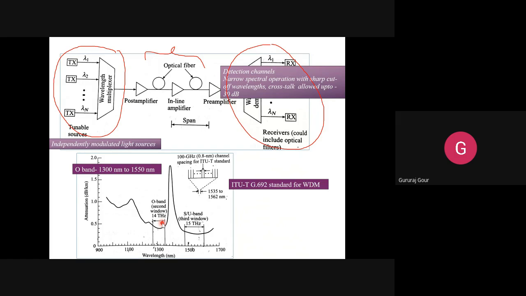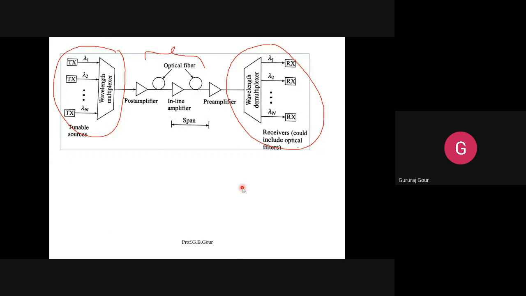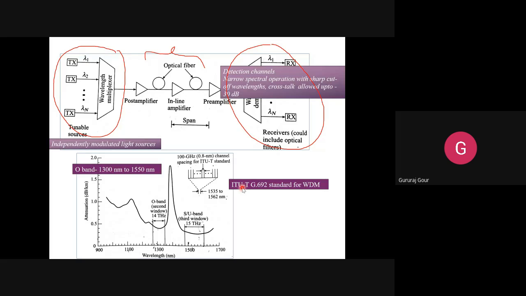Another one is ITU-T. ITU means International Telecommunication Union, for telephony. G.692 is the standard for WDM, so this is the standard name they have mentioned. Its main job is to define the standards and configurations throughout the world and allocate the wavelengths.